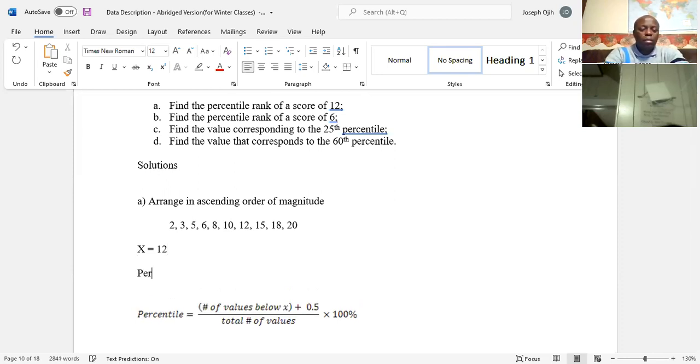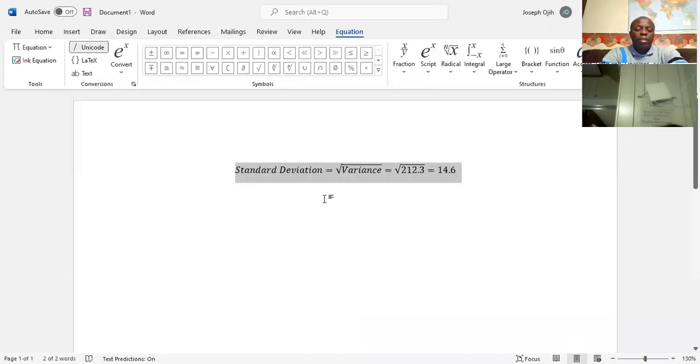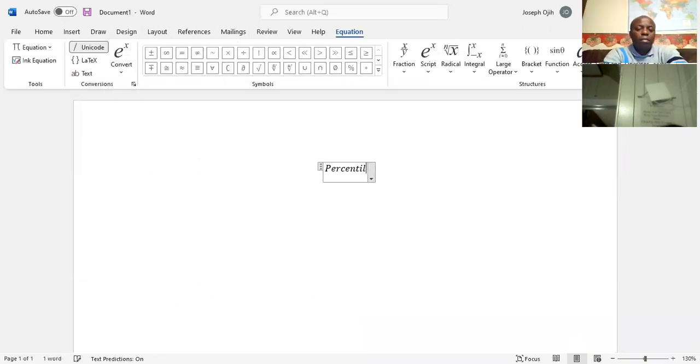Percentile equals the number of values below X, which in this case is 6 numbers below 12, plus 0.5, divided by the total number of values.